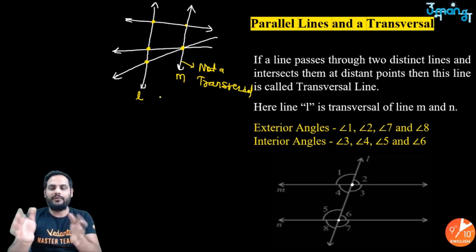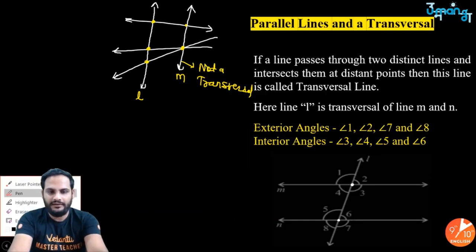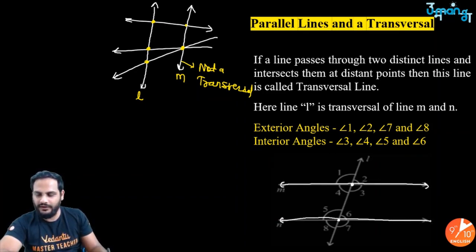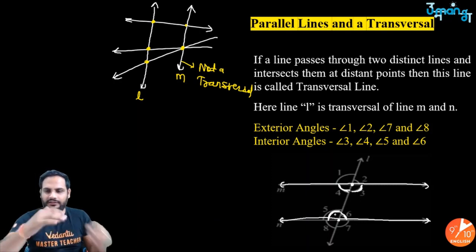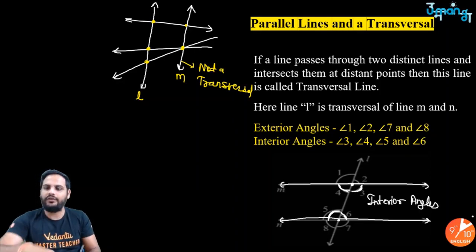Now I am discussing the scenario where I have two parallel lines, M and N. You can see this transversal L is passing through them. There are four angles between these two lines, and these angles are called interior angles.